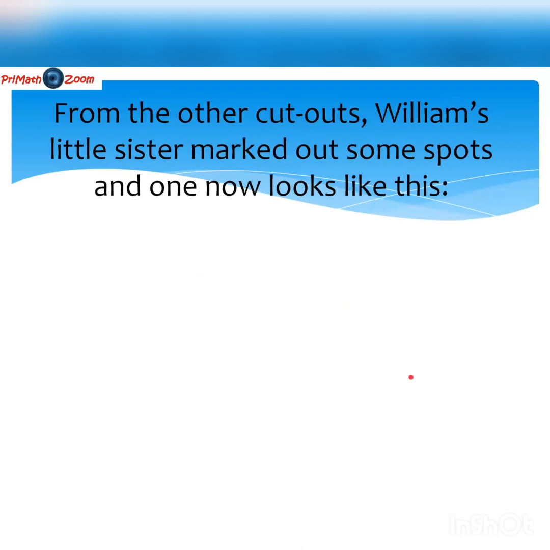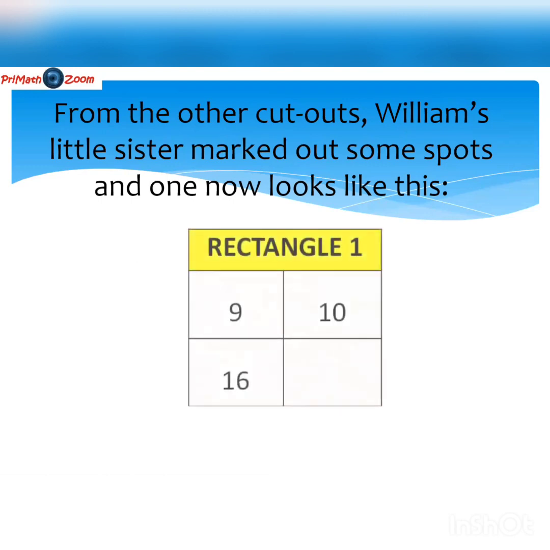Now, from other cutouts, William's little sister marked out some spots, and one now looks like this. Right, so in this cutout rectangle, you'd see that we have the 9th, the 10th, the 16th, and this is the spot that William's little sister marked out.